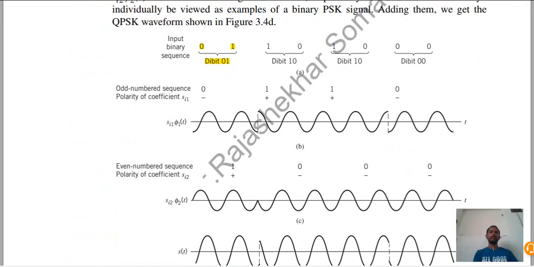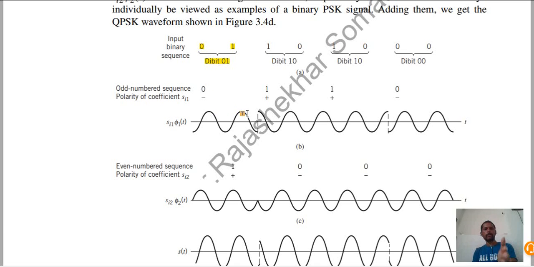I will start with the odd numbered sequence here. Initially it has a 0 signal, and 0 means it has a negative energy, so it starts from the negative side and continues. Here 0 1, there is no continuity of the same bits, so it continues. For the next dibit, compare the first dibit and the second dibit.